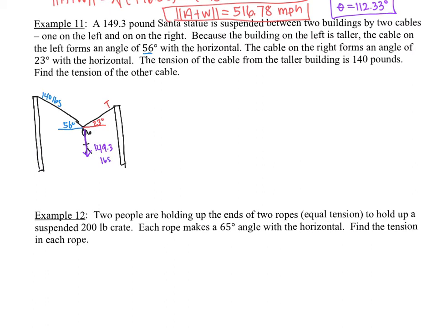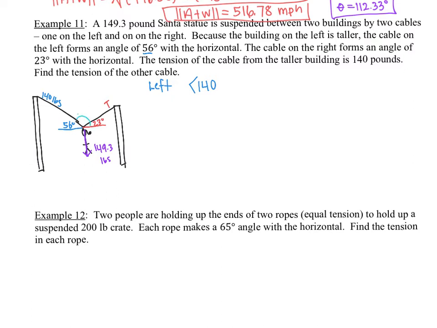Okay, I'm going to write a vector for each of these 3 things in this picture, and then I'll figure out what to do with these vectors. Let me start with the one on the left. The left guy is going to be 140. The direction angle I need to be careful of because that has to come from the positive x-axis.